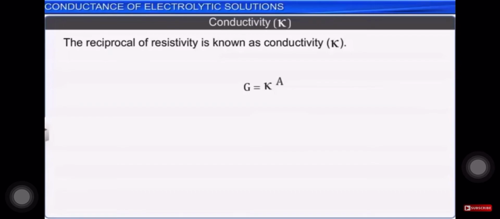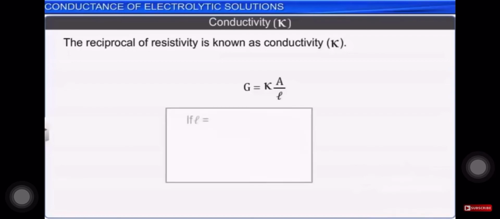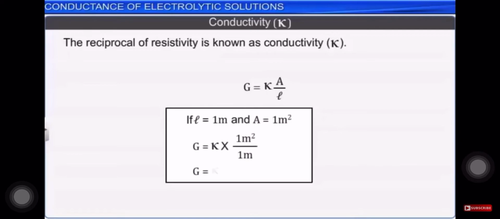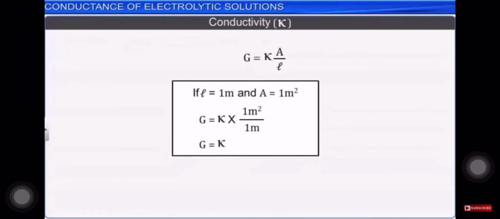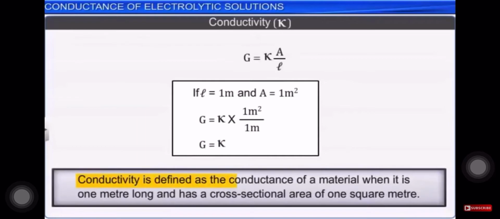Now G is equal to K A upon L. If L is equal to 1 meter again and A is equal to 1 meter square again, then G will be equal to K, that is our conductance will be equal to conductivity, and it can be defined as the conductance of a material when it is 1 meter long and has a cross section area of 1 square meter, same as we have done earlier in the resistivity.